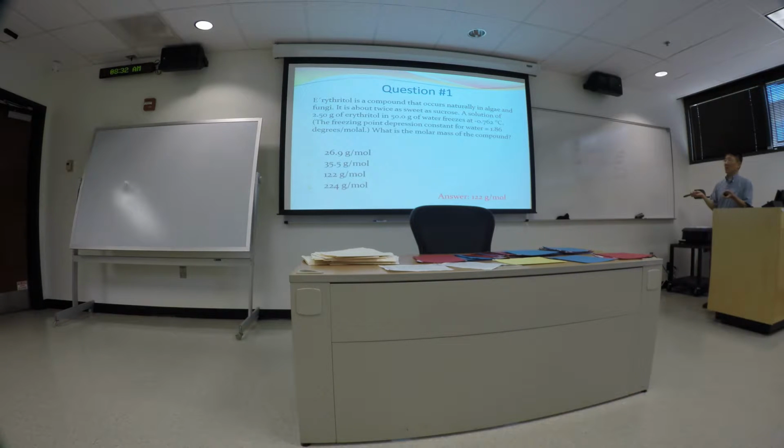So this is one of the applications. Actually, way back a couple of years ago, we were doing an experiment in the laboratory asking you to figure out the molar mass of an unknown compound by measuring the freezing point depression, which is a neat experiment that we can do. We give you an unknown compound, and we ask you to measure the freezing point of pure cyclohexane.